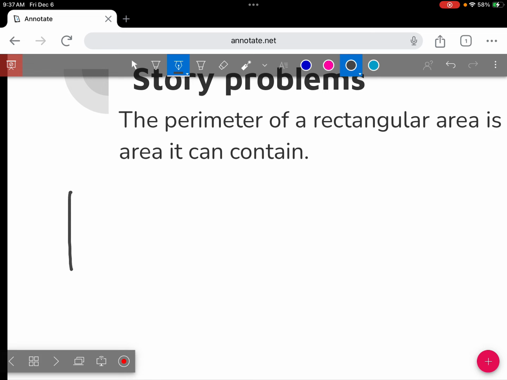So I have some rectangle somewhere that has some length and some width. We don't know anything about either of the sides. What do we know? The perimeter is 50 meters.